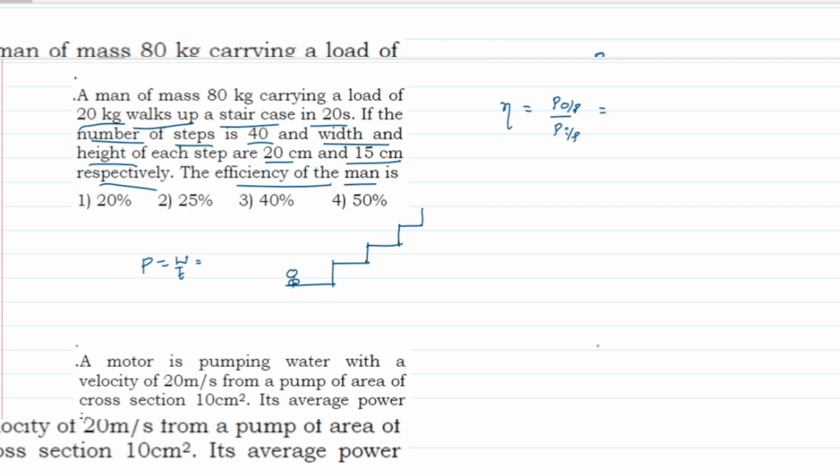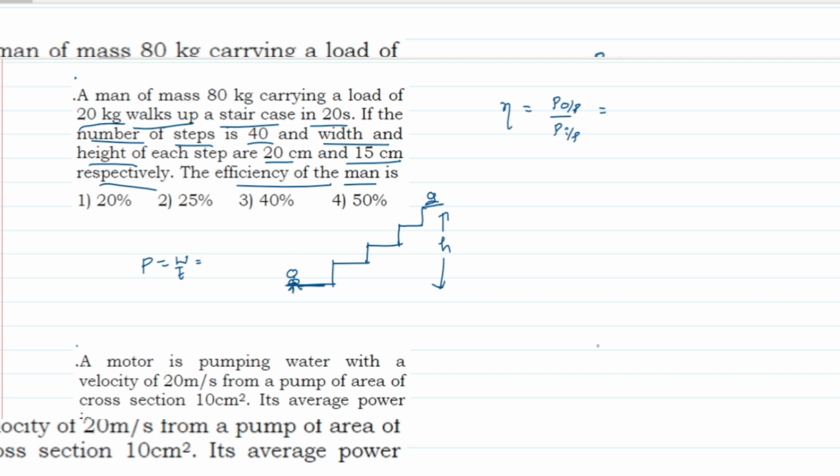When the person moves along the width, along with the person he is carrying the load. Together they attain a certain height. Power equals work done by time, which is the useful work he is doing, or output work by input work.